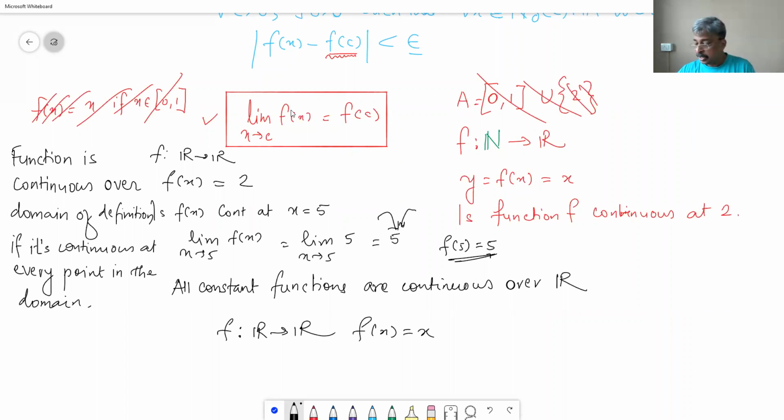The proof: let C belong to R. The limit of f of x as x tends to C is equal to the limit of x as x tends to C, which is equal to C. Why is this C?